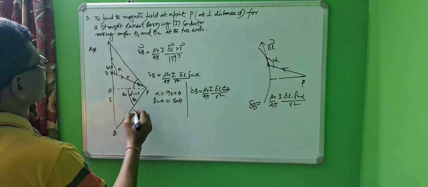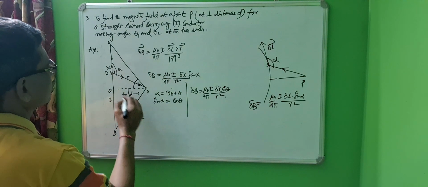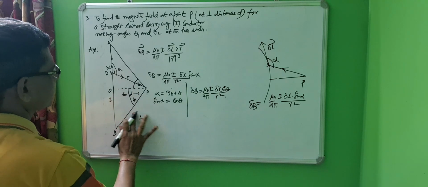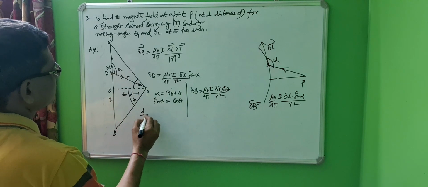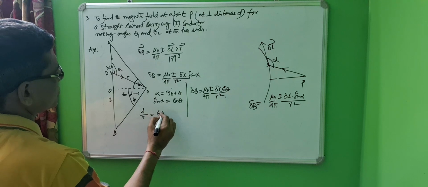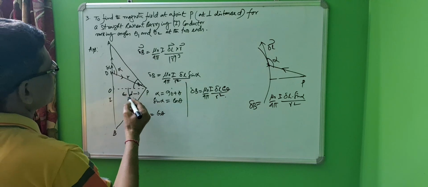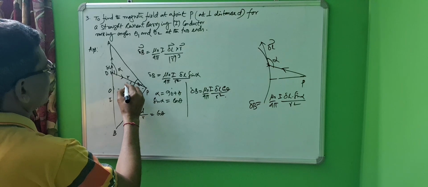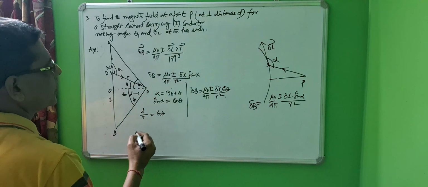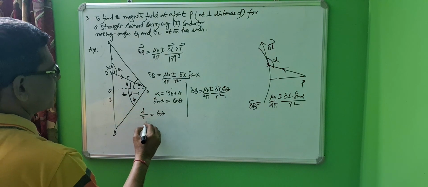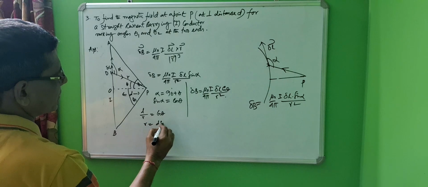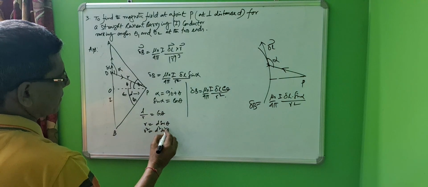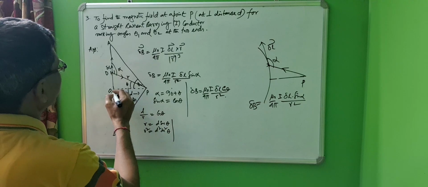Now suppose this angle is theta. So d upon r equals cos theta. So r equals d sec theta. So r square equals d square sec square theta.